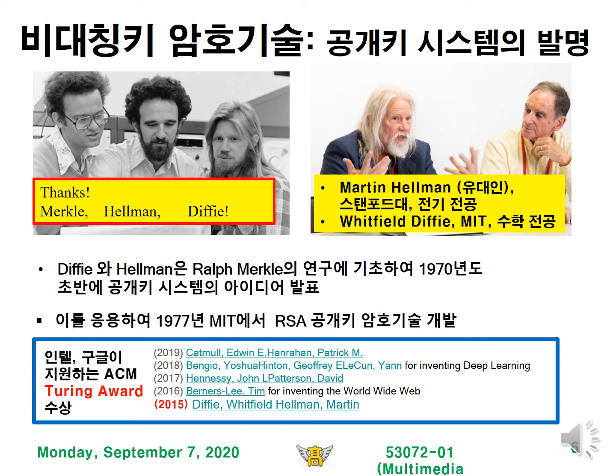So in 1977 MIT developed the RSA public key cryptography technology. The RSA public key cryptography technology is based on Diffie-Hellman key exchange.